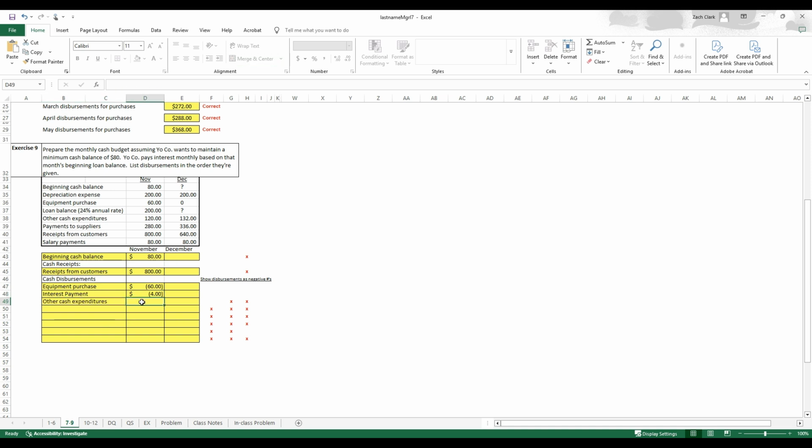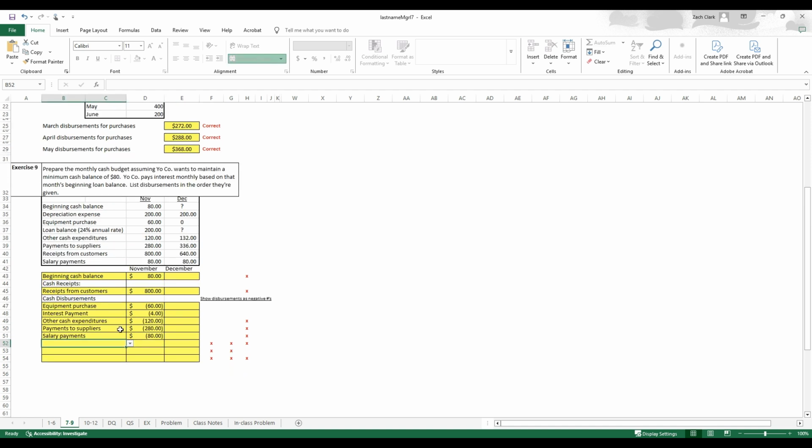Okay, other cash expenditures, 120, payments to suppliers, receipts. So we already accounted for the receipts from customers. Salary payments. Negative 80. Yeah, I think that's about it. I'm trying to figure out what is left. What would be in here otherwise?